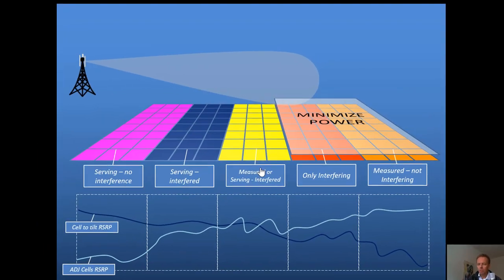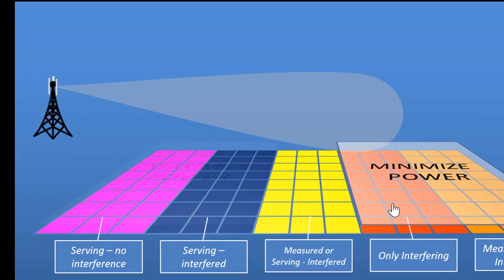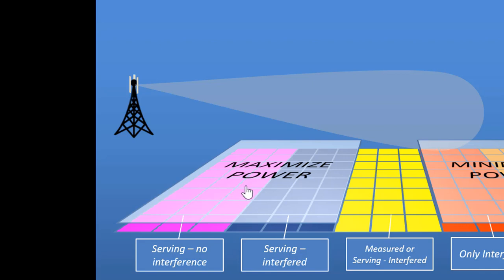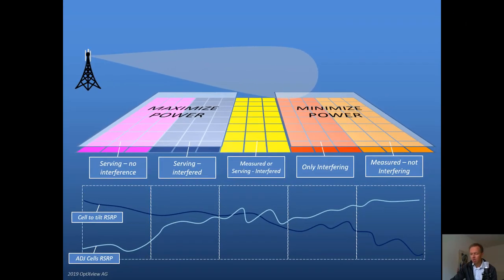You would want to optimize the antenna so that interference is minimized. So tilt the antenna so that it doesn't radiate power to the red and orange areas. We also want to maximize power in the areas where that particular antenna power is needed, so purple and blue areas, because this is the area where those customers are who need the power from that cell.